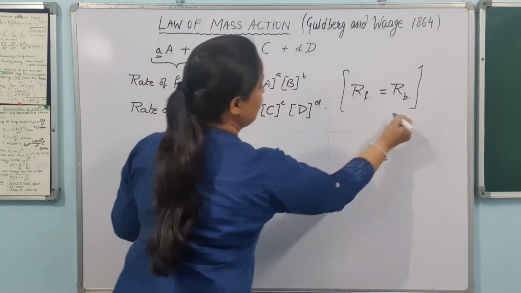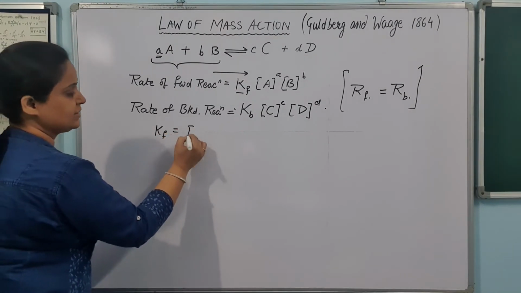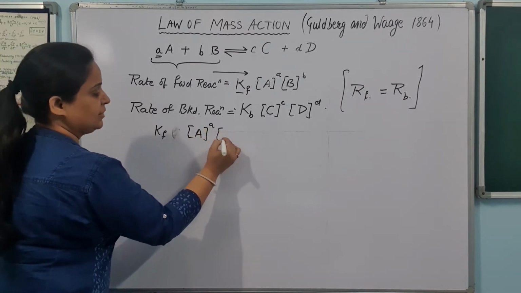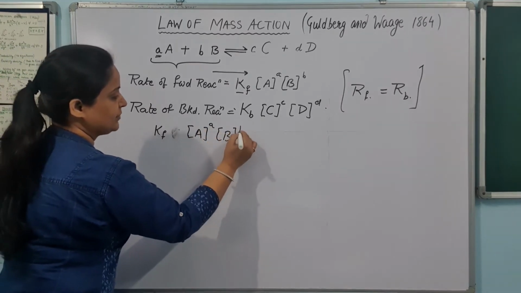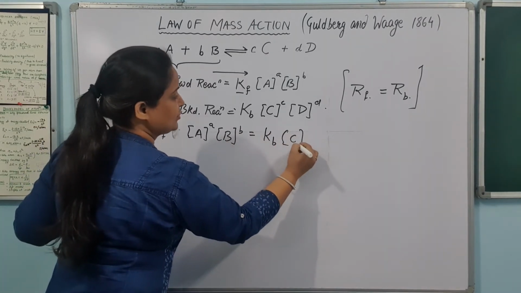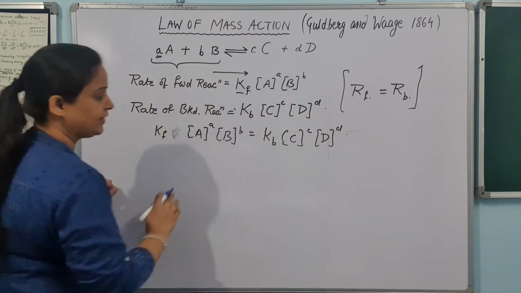अब इनको बराबर रखिए. So what is happening? Kf A raised to power a, B raised to power b equals Kb C raised to power c and D raised to power d. Fine.